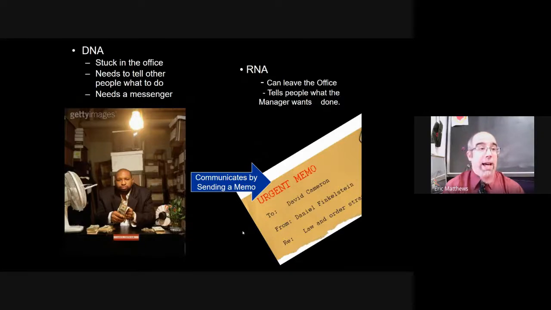So the boss has got to stay in his office where he is. Instead, what the boss will do is communicate by sending out letters, emails, memos, whatever you want to call it. But that will tell the other people what they need to do. So DNA is the boss. It stays in its office in the nucleus. It sends out messages. The messages that it sends, that's the RNA.